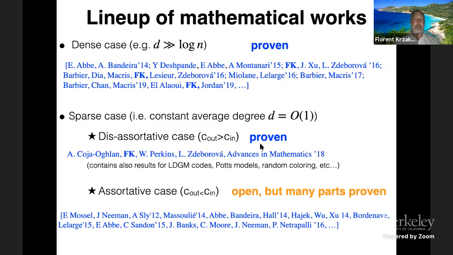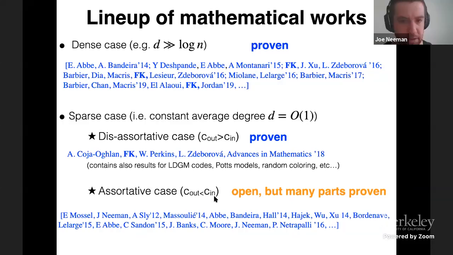And when I say we did, they did the really hard part. So it's a very nice work. And we actually proved that the free energy is correct here. It turns out there is no such proof yet for the assortative case, which is too bad because this is the one we really care about. And there is basically no work that tells you the cavity formula is correct in the assortative case. So it's still open. In fact, one of the reasons this is so is because we don't have a working interpolation scheme in that case.